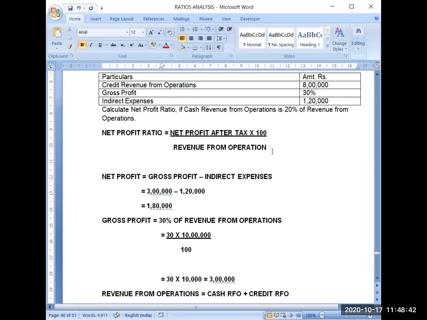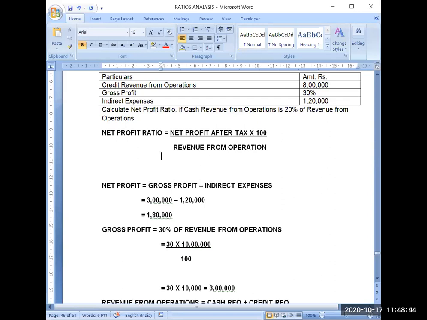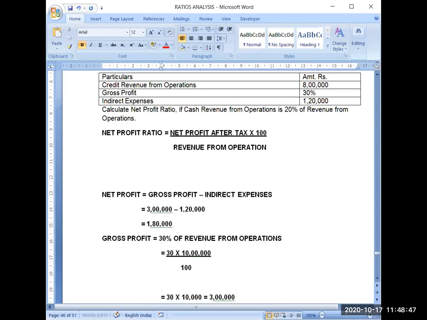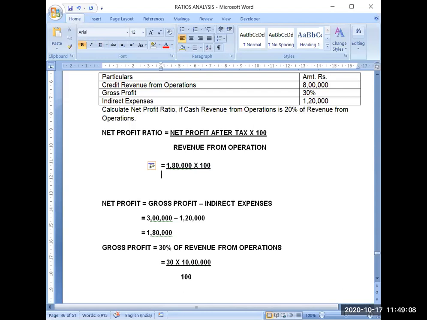So I will be able to calculate net profit ratio, 1,80,000 multiplied by 100 and divided by revenue from operation. Revenue from operation is 10 lakh.